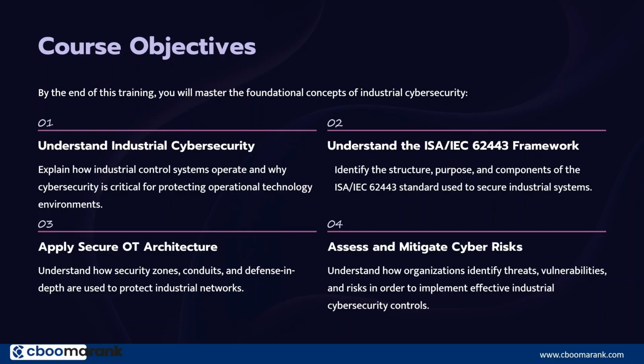Secondly, you will understand the structure and purpose of ISA/IEC 62443, the cybersecurity framework. Third, you will learn about secure architecture concepts such as zones, conduits, and defense in depth. These techniques are used to protect industrial networks. And finally, you will understand how organizations identify threats, vulnerabilities, and risks in order to implement effective cybersecurity controls.